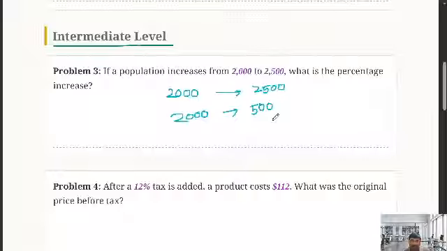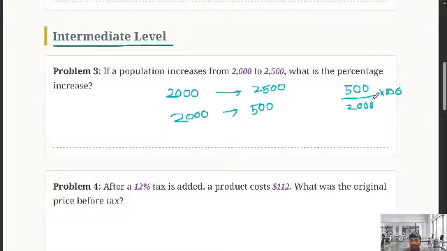The increased number is 500 out of how much? 2000. So generally we do it like this: 500 divided by 2000, multiplied by 100.